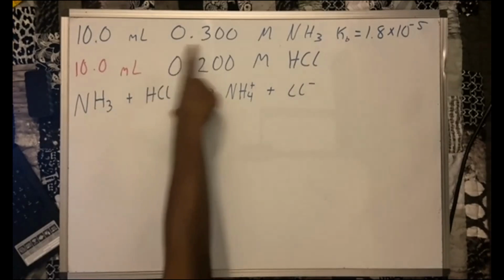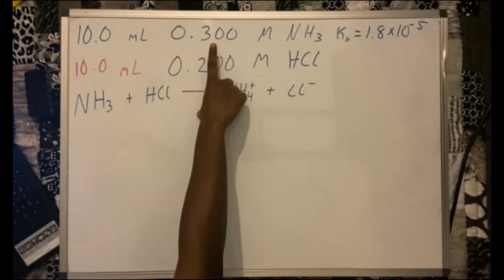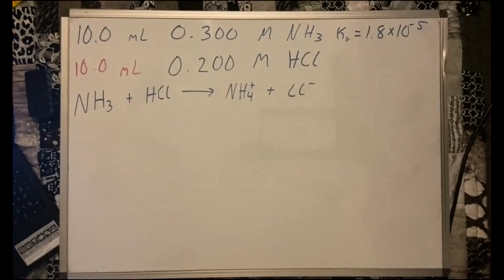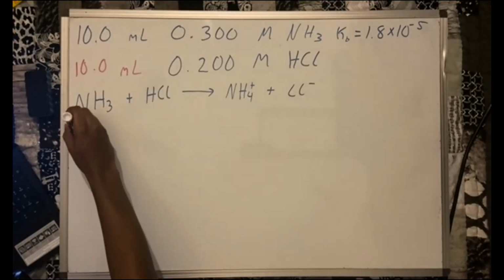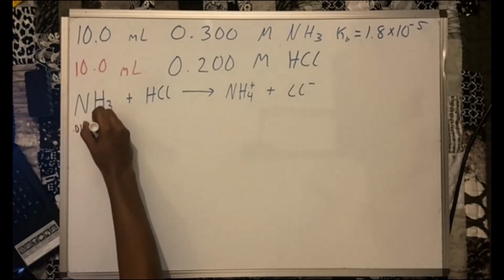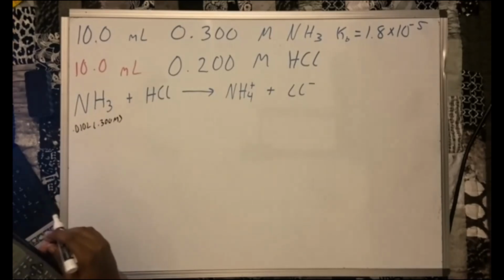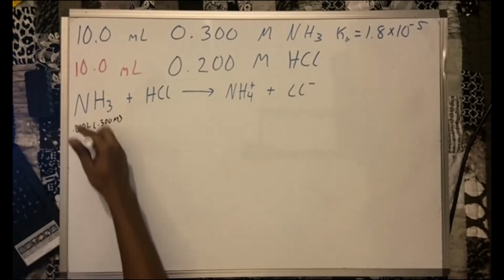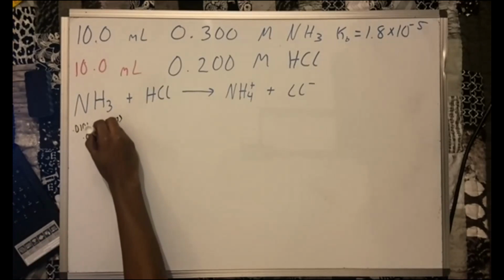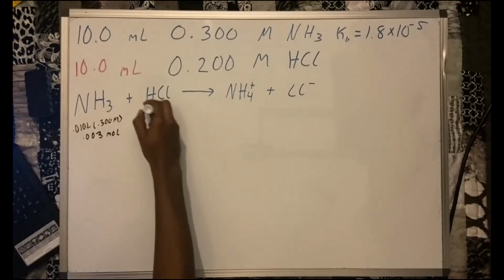Then you just calculate moles of these two. I'm just going to do it. So we have our 0.010 liters times our 0.300 molarity, and that gets us 0.003 moles.